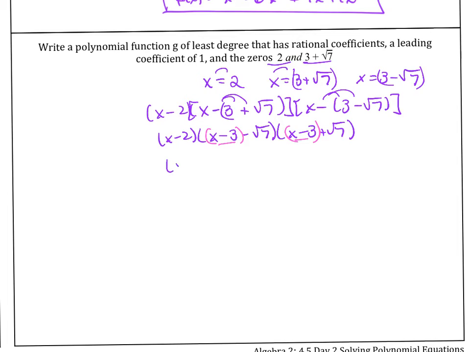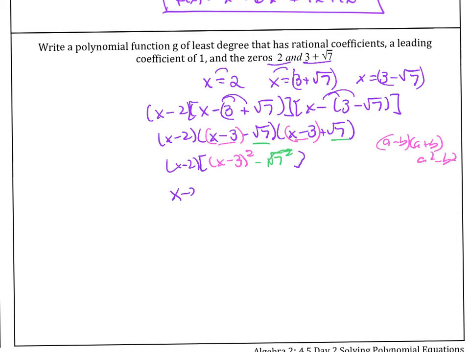So we can rewrite that again as x minus 3 squared. So it's the a minus b, a plus b pattern, which is a squared minus b squared. And then this back part is negative root 7 times root 7. That's negative root 7 squared. And again, that takes care of the square root and the square. It cancels each other out.